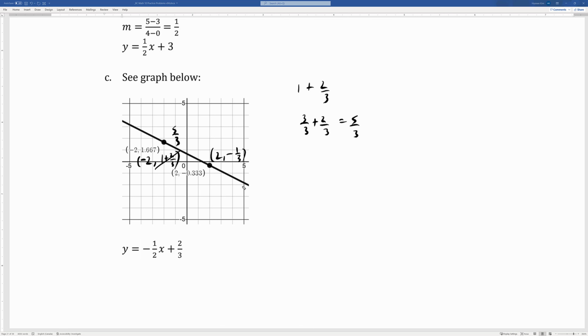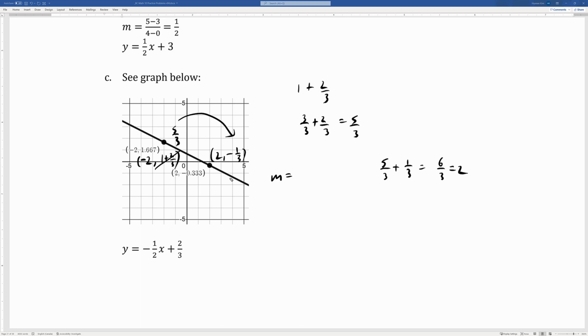To find the slope, we have rise over run. We can subtract 5 over 3 minus negative 1/3, which means 2 negatives become a positive. So the answer is 6 over 3, which is 2. So we're subtracting this way.